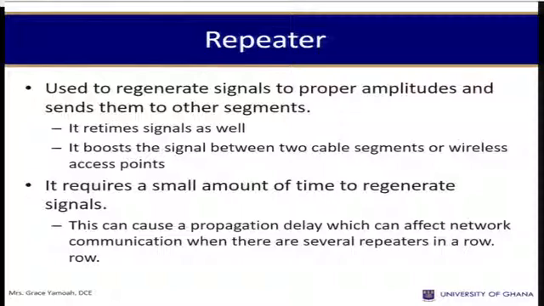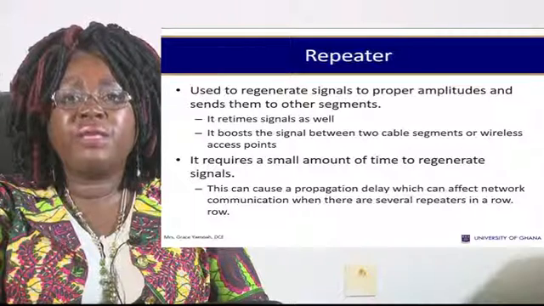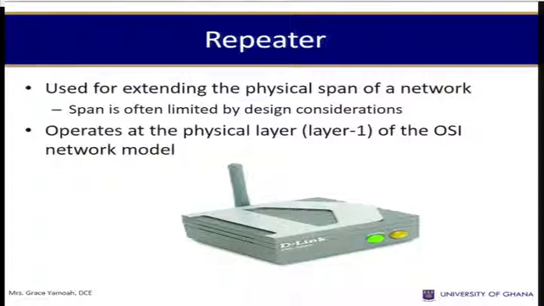This can cause a propagation delay, which can affect network communication when there are several repeaters in a row. So this is a repeater. It is used for extending the physical span of a network. Span is often limited by design considerations also. It operates at the physical layer, layer 1 of the OSI network model.